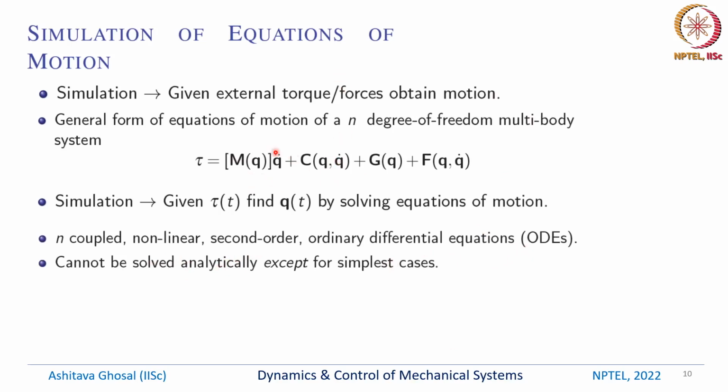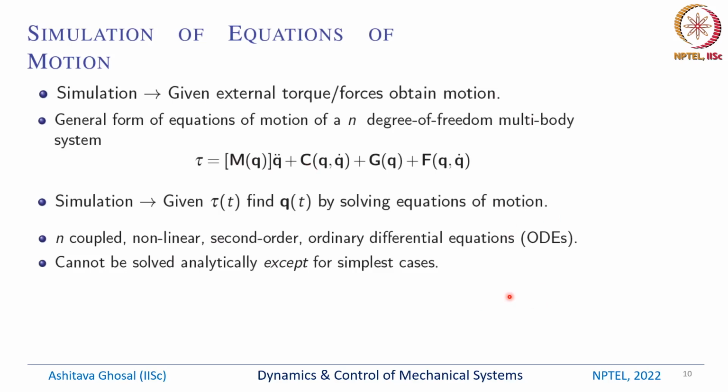Coupled because remember the mass matrix contains, even for the 2R case, theta 2. These have theta 1 dot square and theta 2 dot square and all possible combinations. So for the 2R manipulator example, both the equations were coupled, and these are also nonlinear because you have sine theta 2, cos theta 2, and so on.